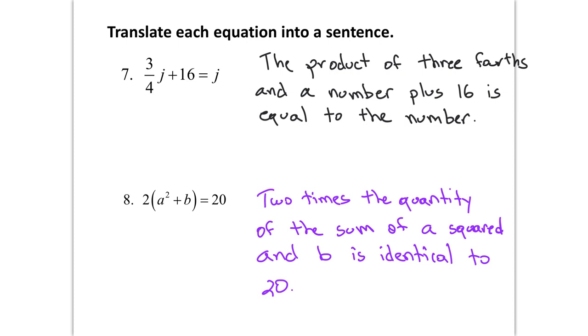If you're multiplying, you can use product. If you have a fraction, you can say quotient. For the equal sign, the word is, the actual equal word, you can say it's identical to, but you have to make sure that it makes sense and you are able to translate the equation into a sentence.